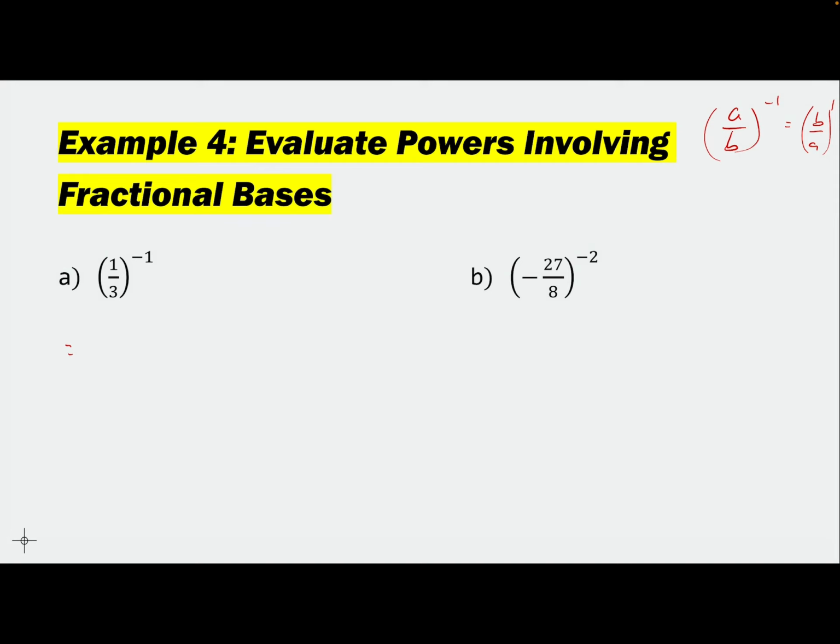So 1 over 3, we would have to flip that and then write it with a positive exponent. As far as the rules go, you can just say write as a positive exponent. And obviously 3 over 1 raised to the exponent 1, well, that's just going to be 3.